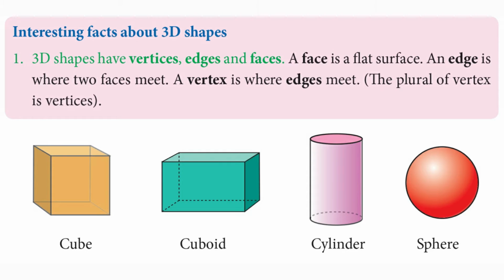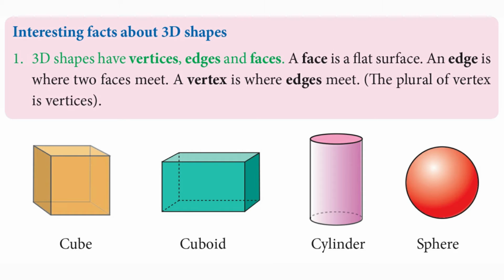Let's see each one. Faces. Face is the flat surface. The flat surface of the object is the face. What is an edge? Where 2 faces meet. Where 2 faces, that is 2 flat surfaces, meet, that is called an edge.